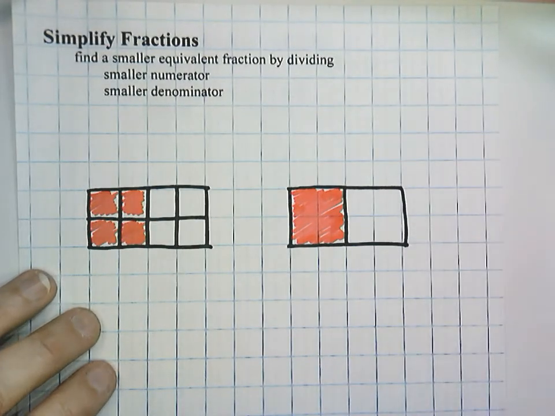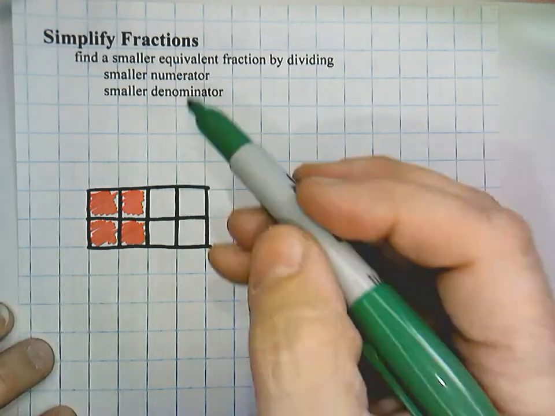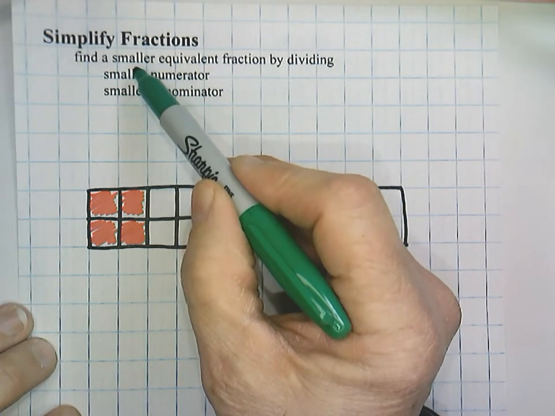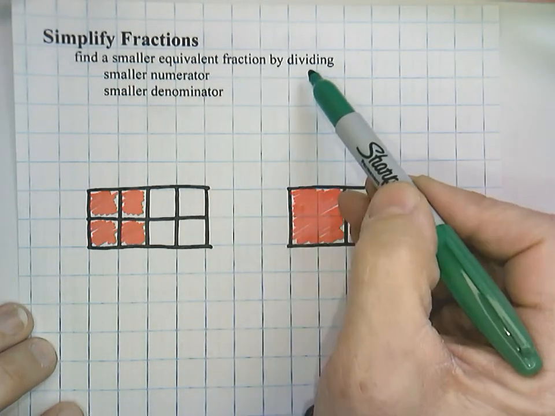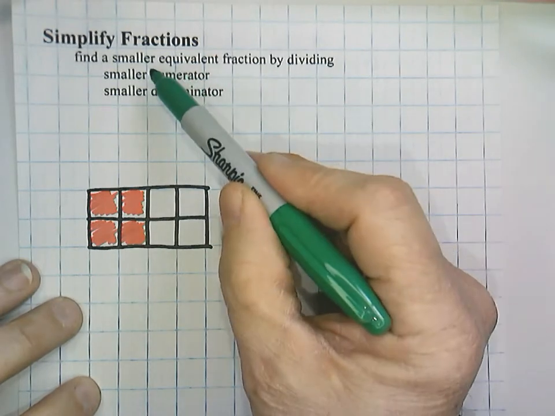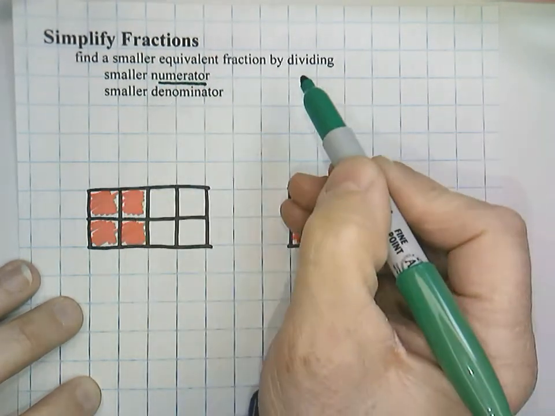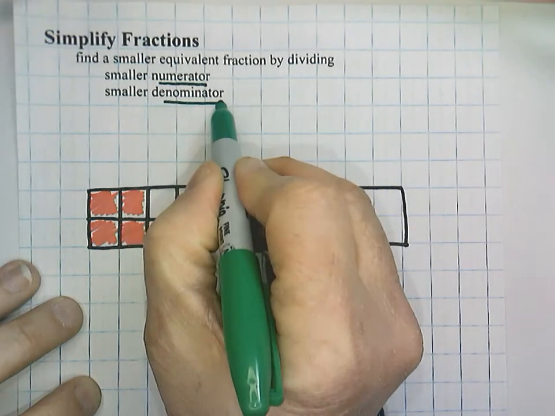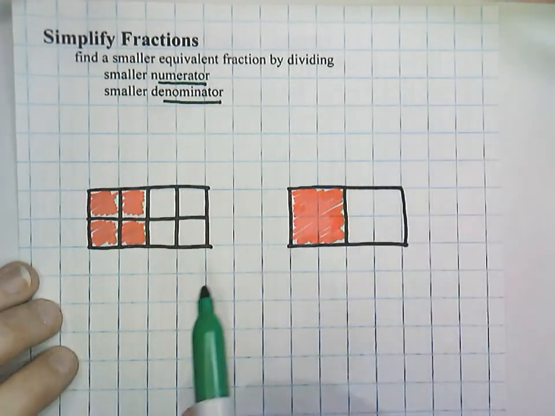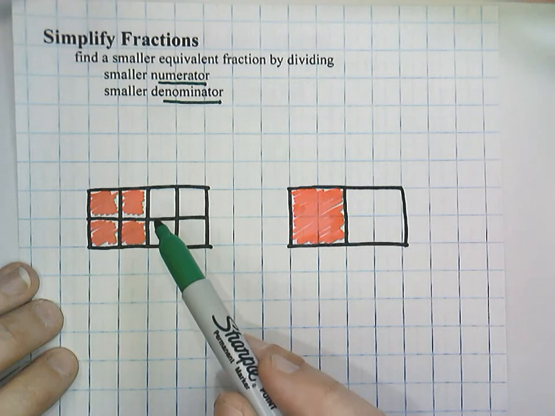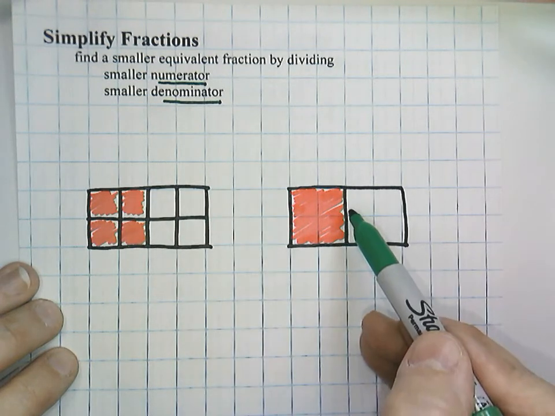When we simplify fractions, we are finding a smaller equivalent fraction by dividing. And by smaller, we mean a smaller numerator and a smaller denominator. Notice that for this example, I have two fractions side by side.